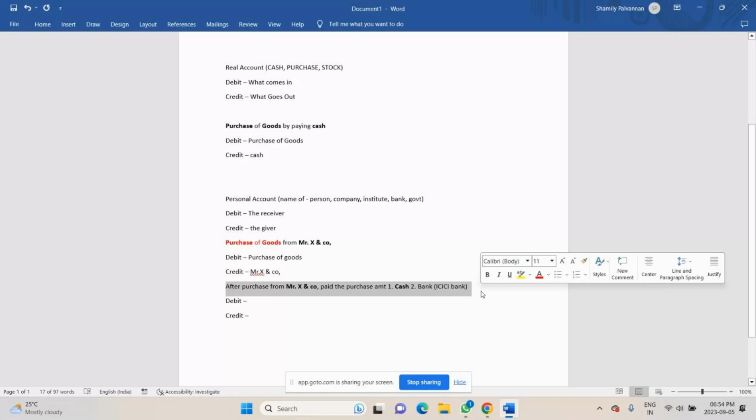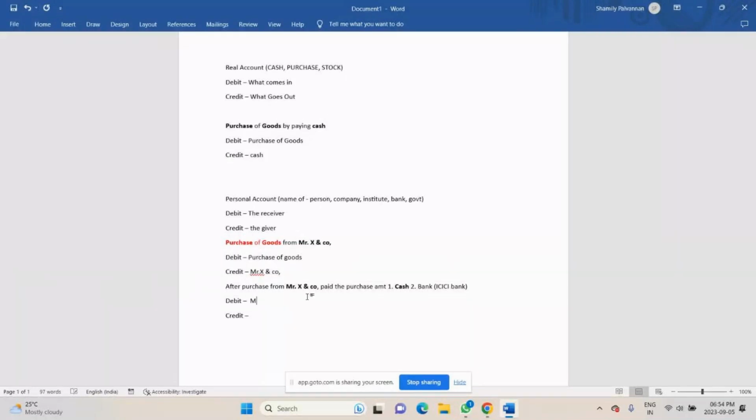Mr. X company. Very good. So Mr. X and Company is the receiver. Debit the receiver. Now who is the giver? We are giving. When we are giving, we don't show ourselves as a debit or credit. We say how I'm giving, from where I'm giving. Now say I'm paying by cash.